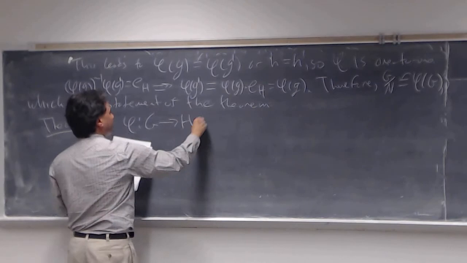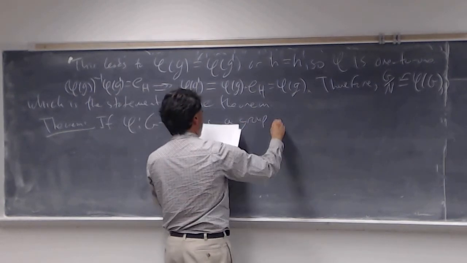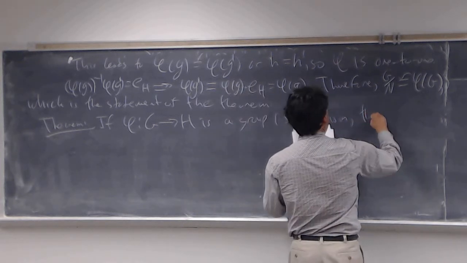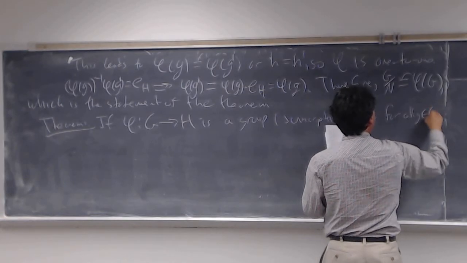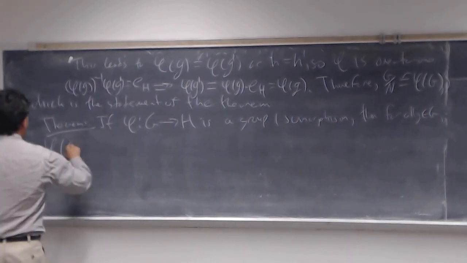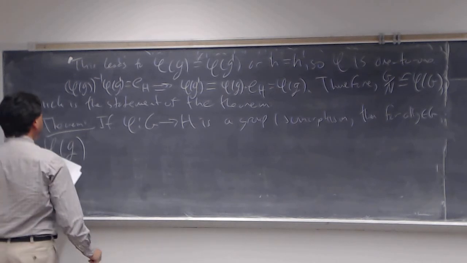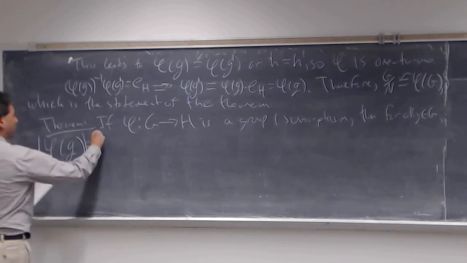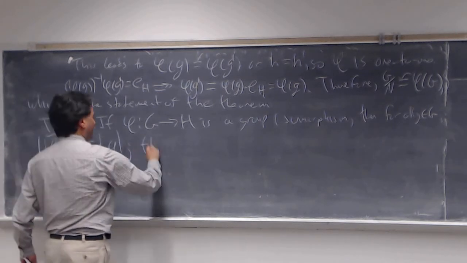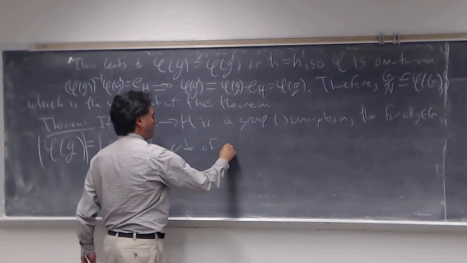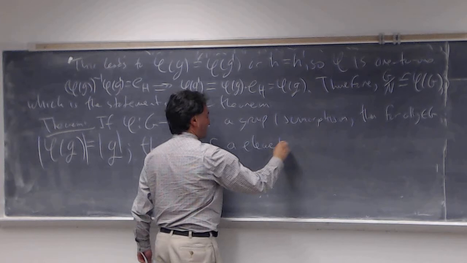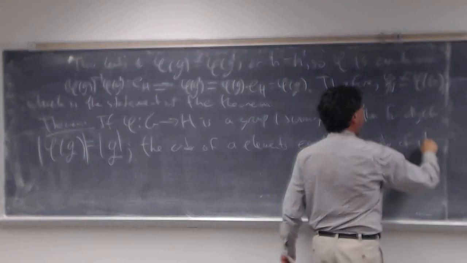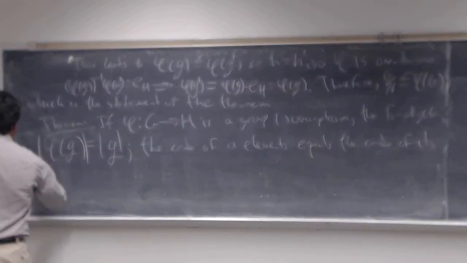If phi from G to H is a group isomorphism, then for any element of G, the order of phi of G is equal to the order of G. The order of an element equals the order of its image under an isomorphism.